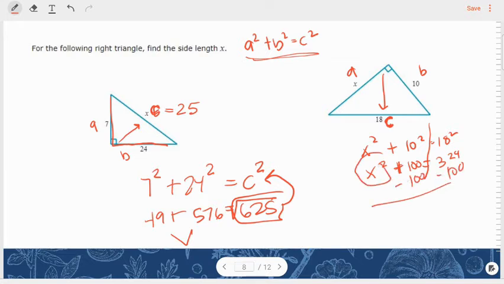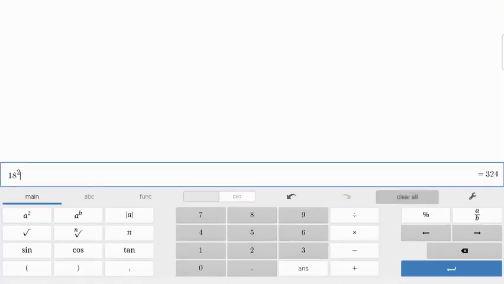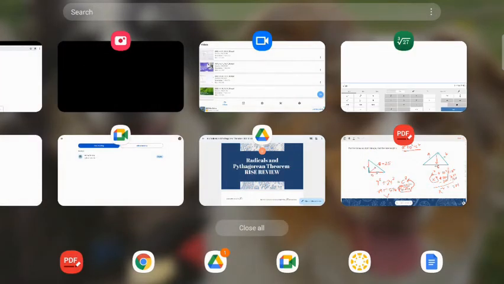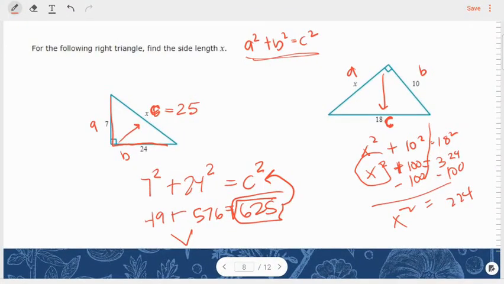So that is 224. And I'm going to take the square root of 224 for a grand total of 14.96. And that is my final answer for that one.